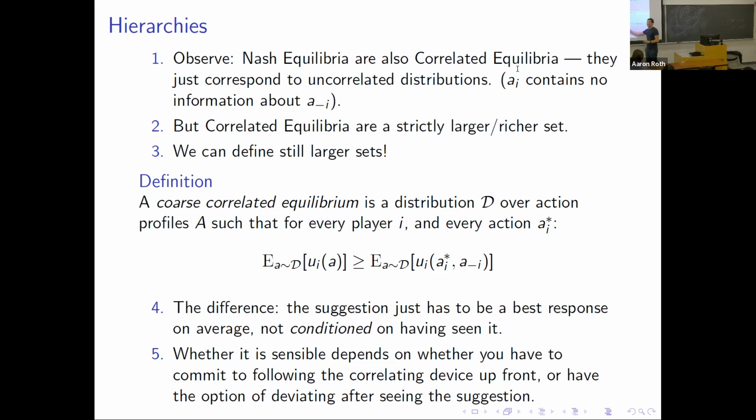A coarse correlated equilibrium says it's a good idea to opt in before you see your suggestion, in expectation over what the suggestion is going to be. A correlated equilibrium says it remains a good idea even after you see the suggestion.